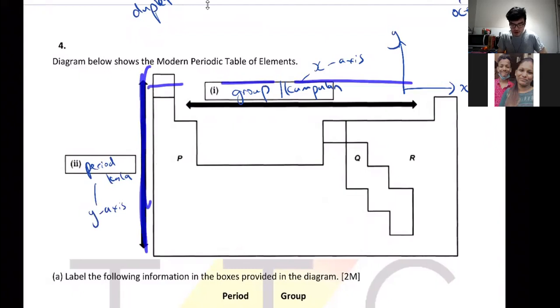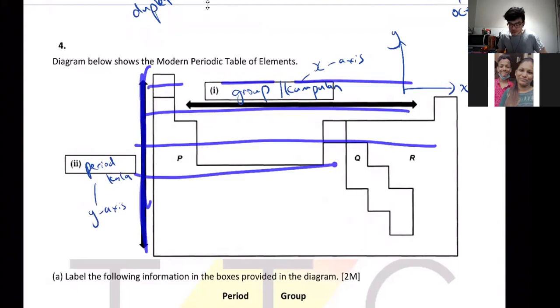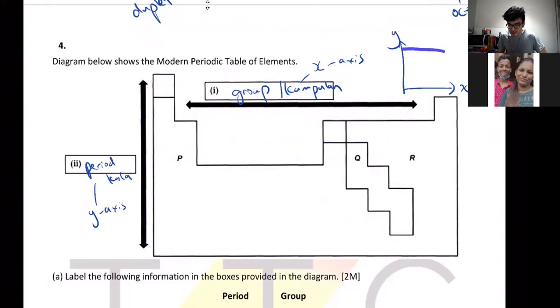But you're talking about horizontal rows. So it's actually just x and y, but chemists don't like to call it x and y because it's not fancy. So x is kumpulan, group, and y is period. It's the same thing.